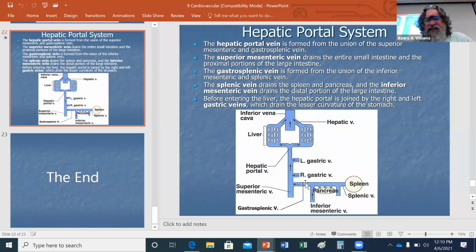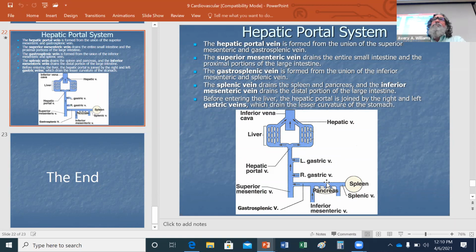The only difference here, or one of the big differences, is that you have a gastrosplenic vein. It's formed from a splenic and inferior mesenteric vein. It's not arranged like that in the arteries. In other words, there is no such thing as a gastrosplenic artery. You have a gastric artery and a splenic artery, but for the veins, you have a gastrosplenic vein. Did you pick up on that?